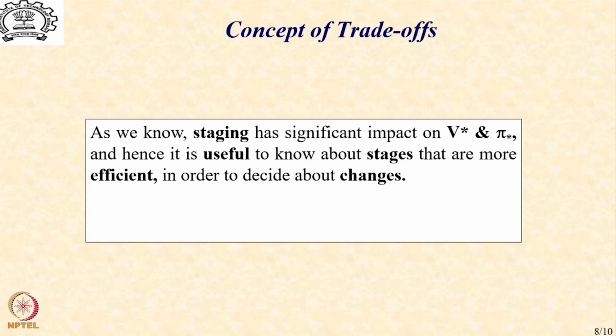And the small changes context is very adequately and elegantly captured through the concept of derivative or partial derivatives. In partial derivatives, we take one stage parameter at a time and then see what difference a small change in that stage parameter makes to the V star or pi star.